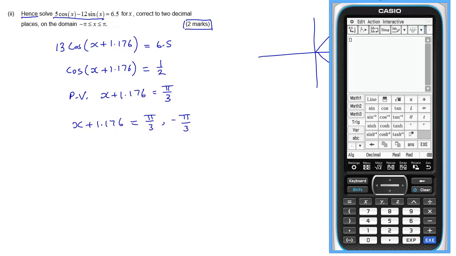So let's do pi by 3 and take away 1.176, and that gives us negative 0.129.